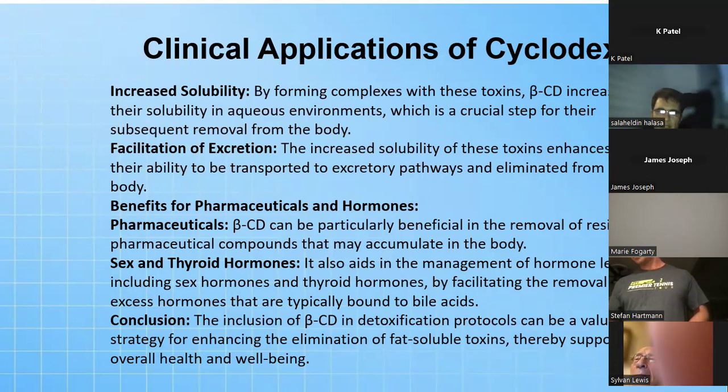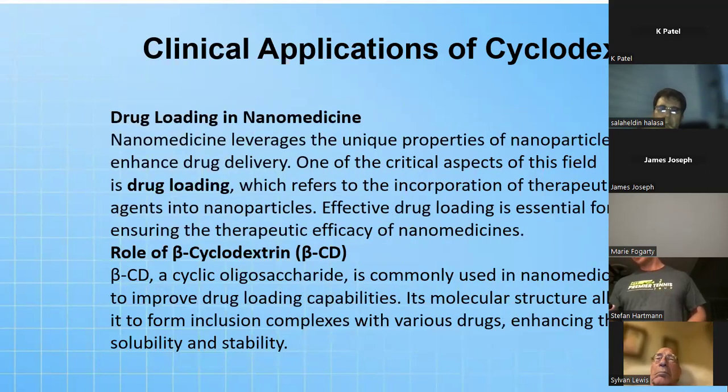The inclusion of beta-cyclodextrin in a detoxification protocol can be a valuable strategy for enhancing elimination of fat-soluble toxins, supporting overall health and well-being. So this is very good news, especially for you, because you are the environmental doctor. I think this is good news for your specialty.